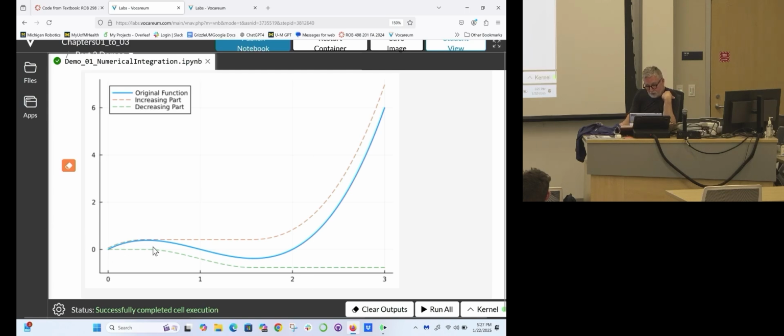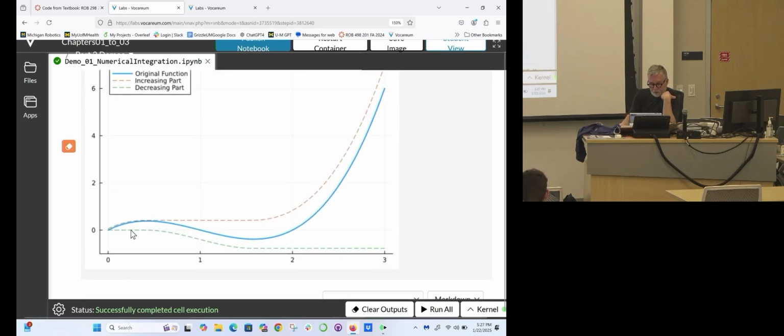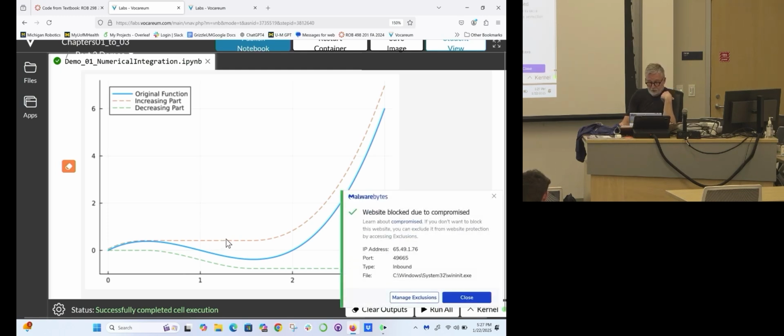And here's a function that's strictly decreasing, so we don't have to put in extra points to compute maxes and mins, okay? We don't have to refine our grid of points. And we will show shortly that the area under the original function is the sum of the area under the increasing part and the decreasing part.